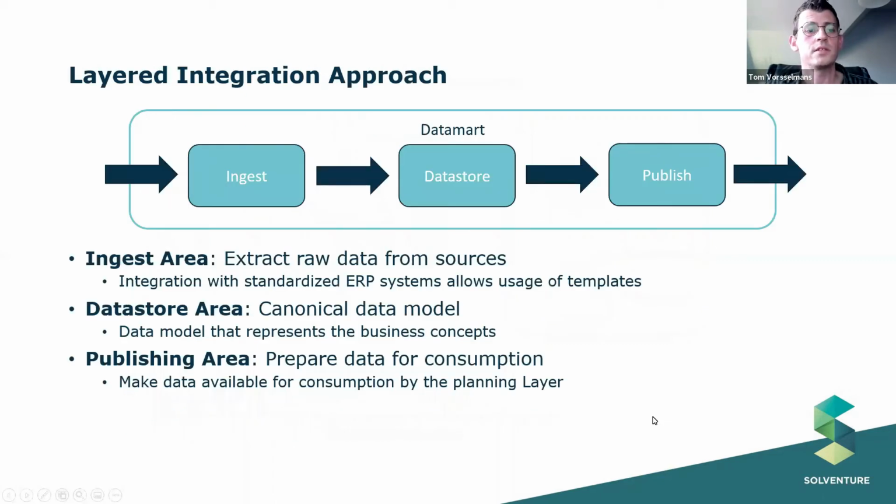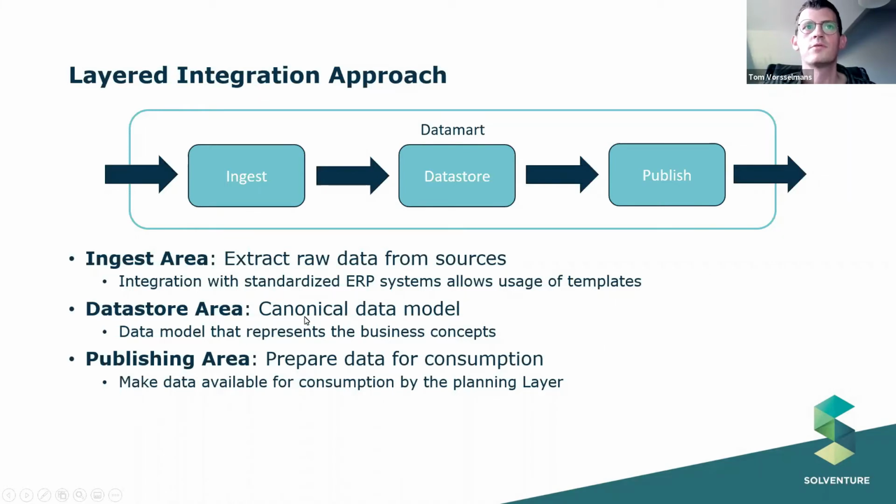Inside our data mart, we have 3 layers. The first one is the ingest layer. That's where we capture the raw data, and that's where our templates come into play. Here we can very fast extract the relevant data with our templates and start analyzing it.